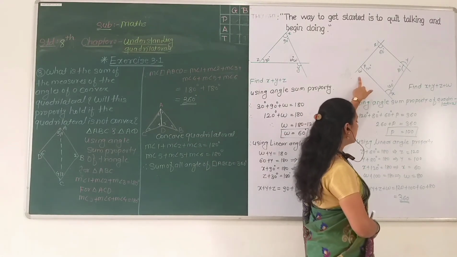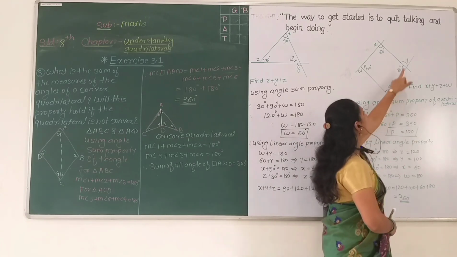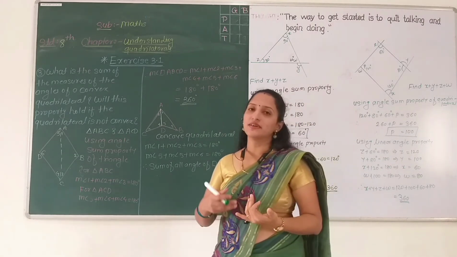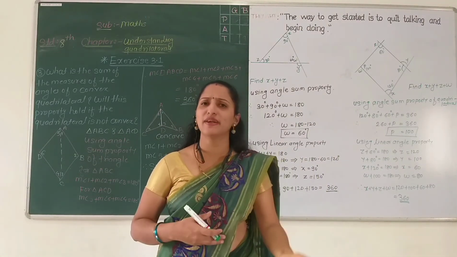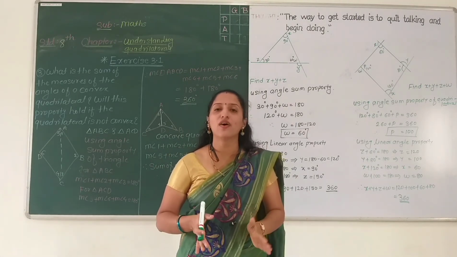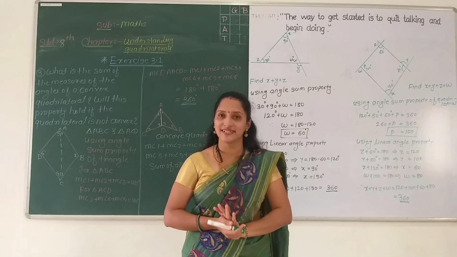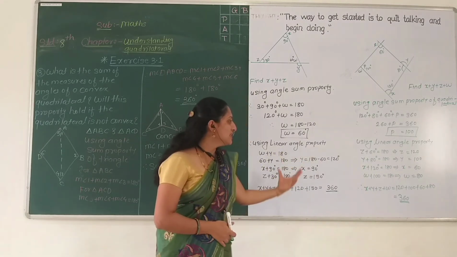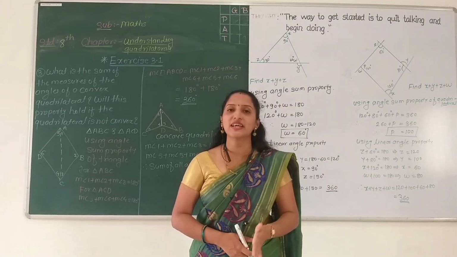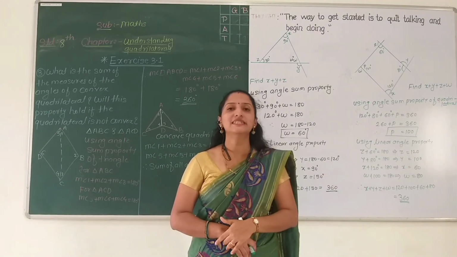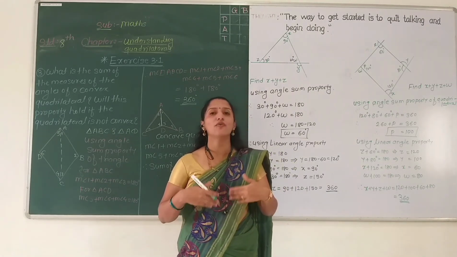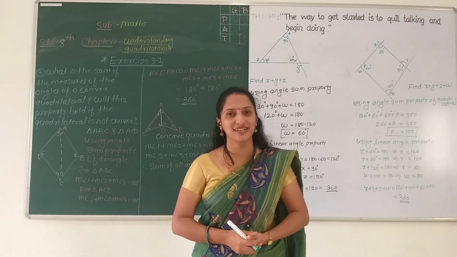Also, in the case of a quadrilateral, here also we get the sum of exterior angles is 360 degrees. So whether it is a triangle or a quadrilateral, if it is a pentagon or a hexagon, we get the sum of exterior angles of any polygon is 360 degrees. So remember students, from these two examples we have learned that the sum of exterior angles of a polygon is 360 degrees. What? Sum of exterior angles of a polygon is 360 degrees.